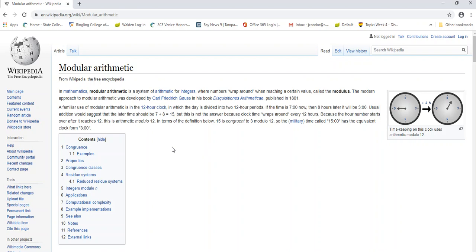Now, this was introduced by Carl Gauss in around 1801. The idea was to apply it to a few different systems that he was working on. And so you notice that a lot of time in math went by before anybody even introduced this idea. That's pretty late in the development of arithmetic.